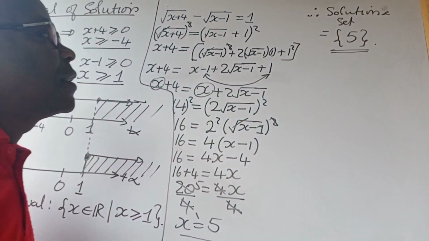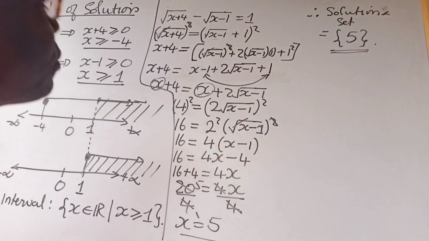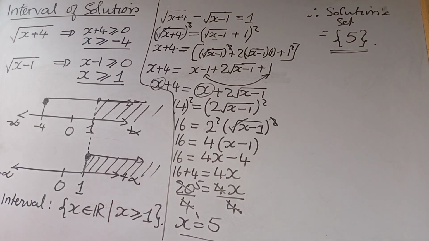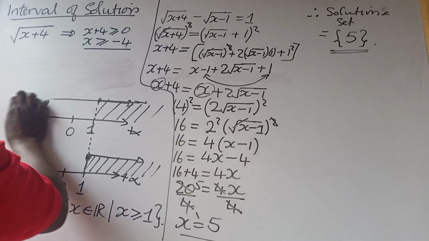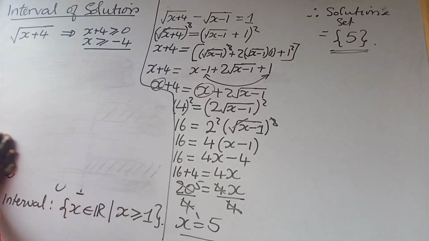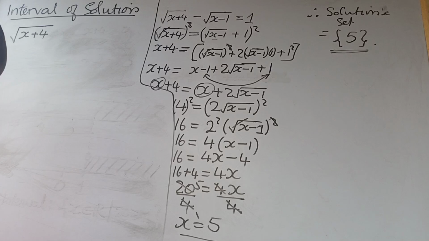Our solution set is the singleton 5. But we have to check to see if what we have there as the solution set is valid. How do we check that? Let's go ahead and check it to see if our solution is valid.